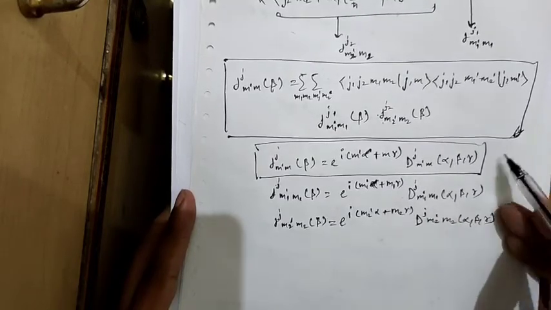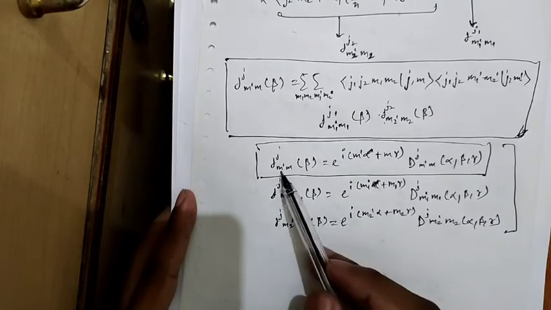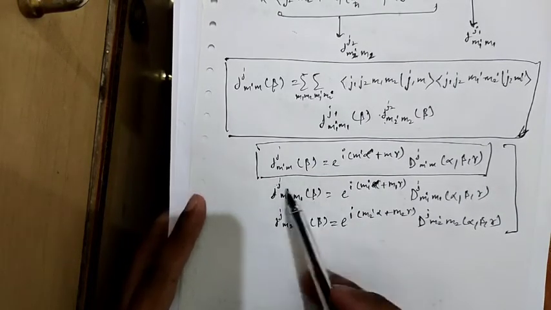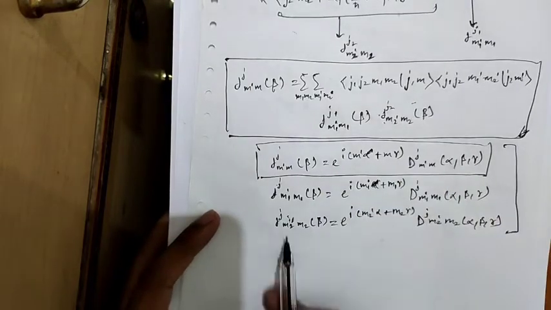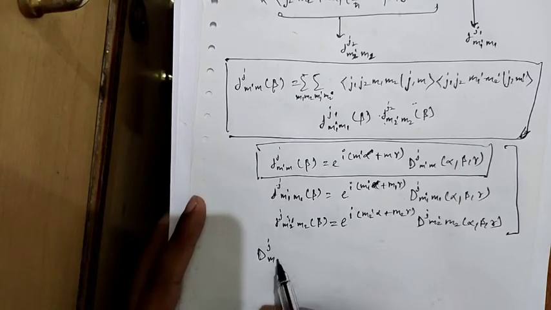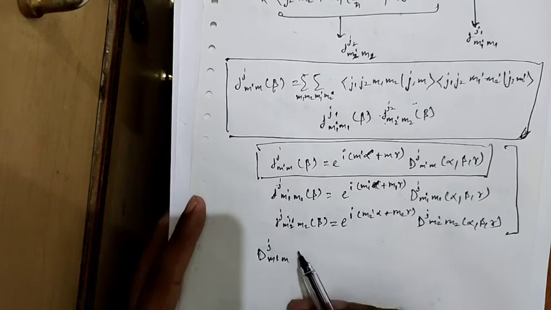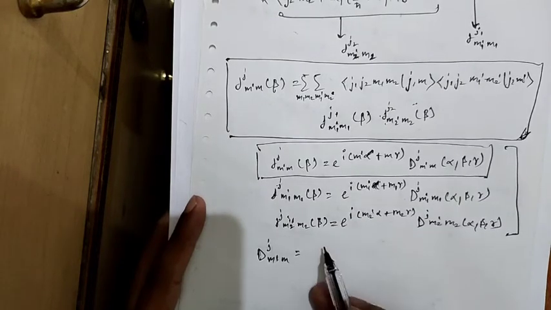Okay, now substituting all the rotation matrices in this equation, our whole equation will be converted into Wigner D matrix form m dash m, as we know that m dash is equal to m1 dash plus m2 dash, and m is equal to m1 plus m2.